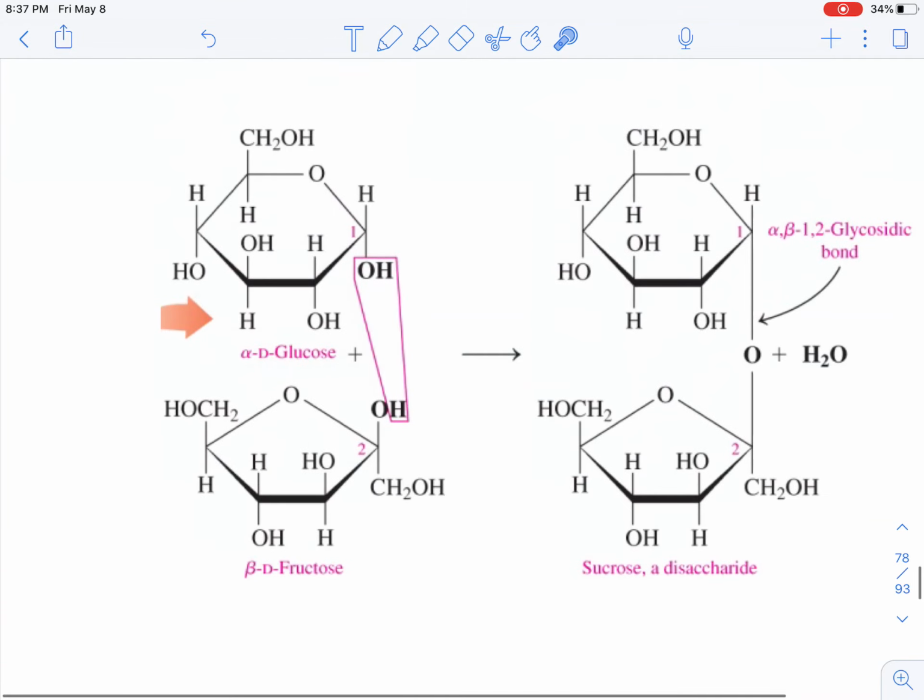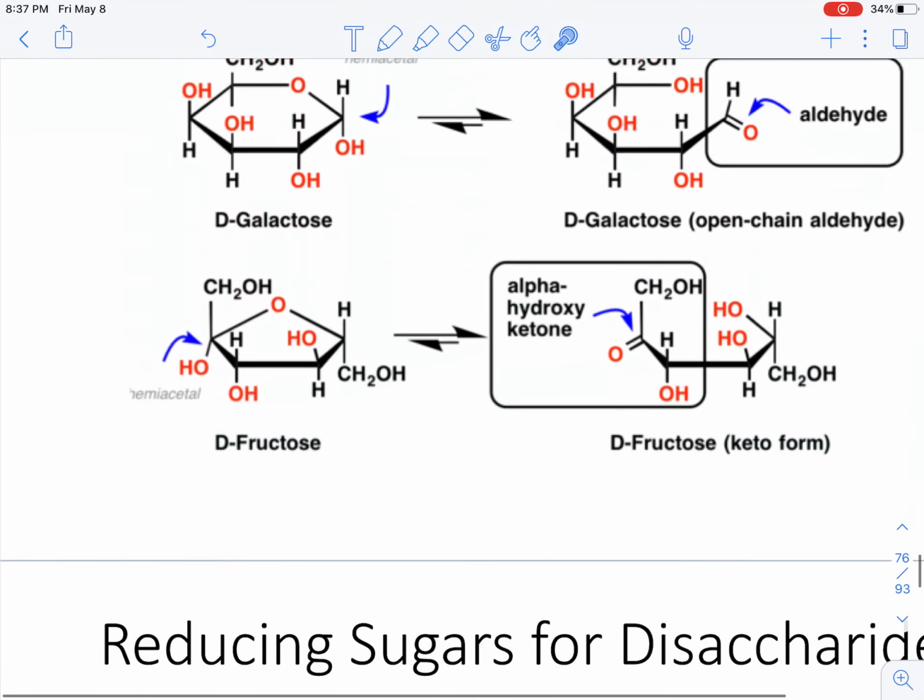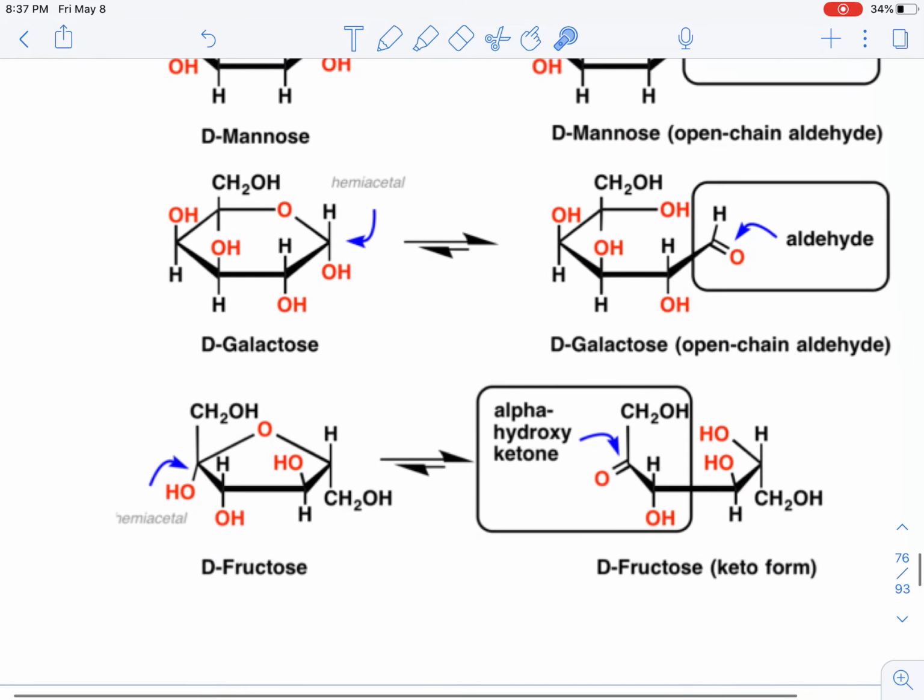Did I pass it? I guess I passed it. Anyways, so the idea is that this ketone will actually convert and produce an aldehyde. And then that aldehyde is what's going to react with Benedict's reagent, which is copper 2 plus, producing that brick red color.